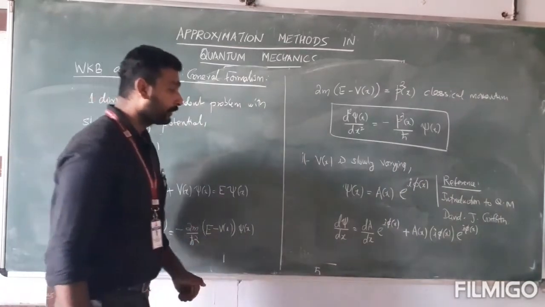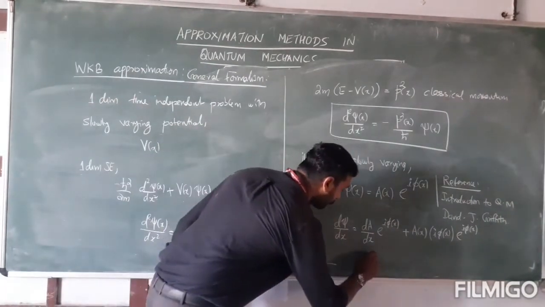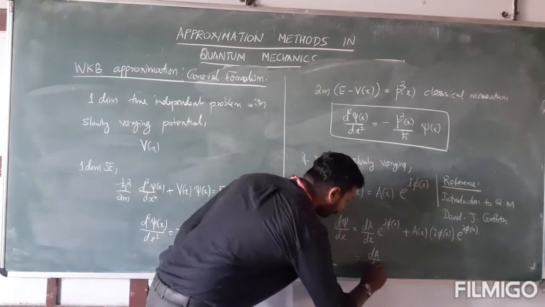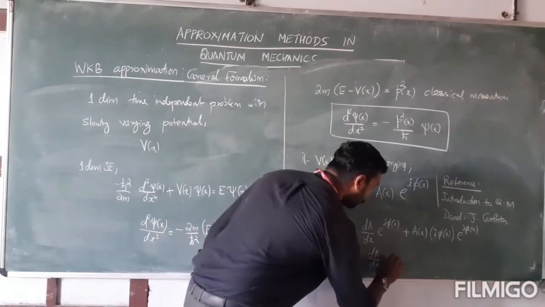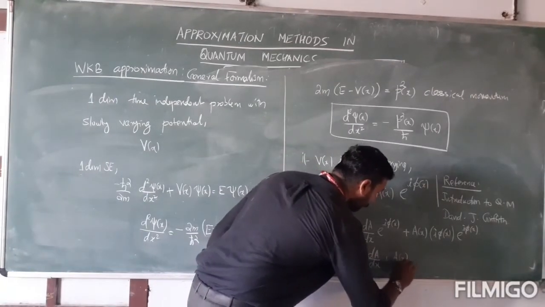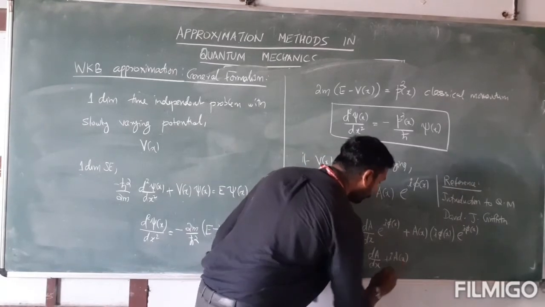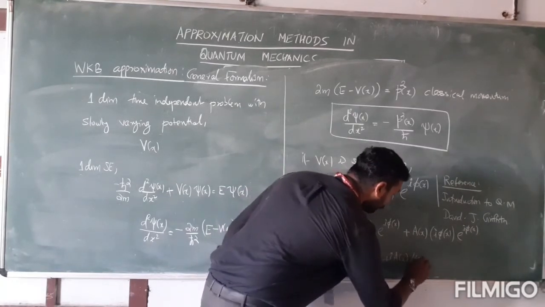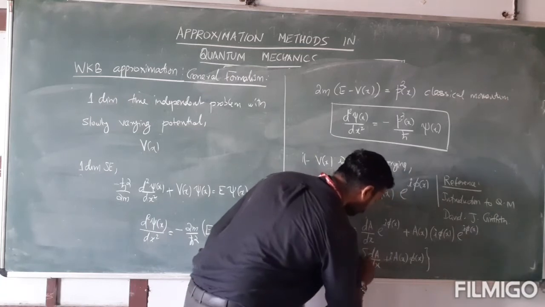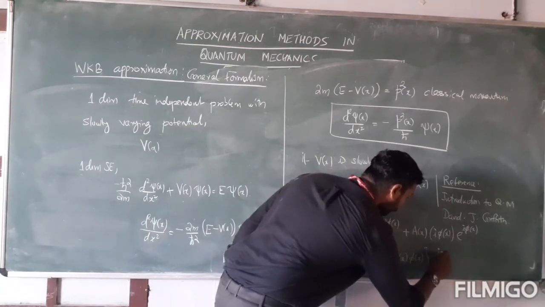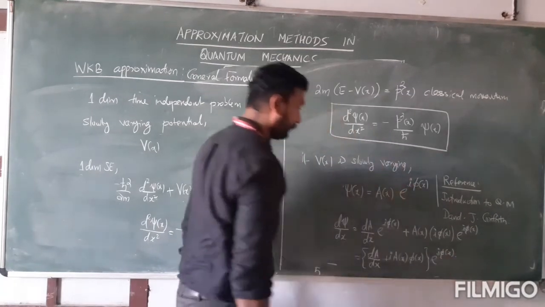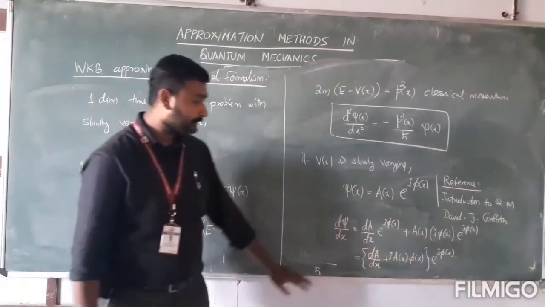So e raised to i phi of x I can take outside commonly. So this becomes dA by dx plus i A of x phi prime of x, times e raised to i phi of x. So that is the first derivative.